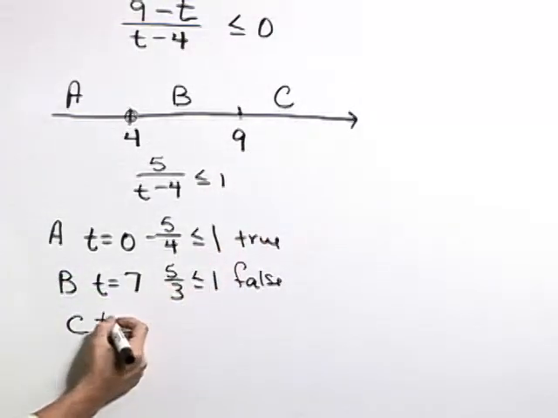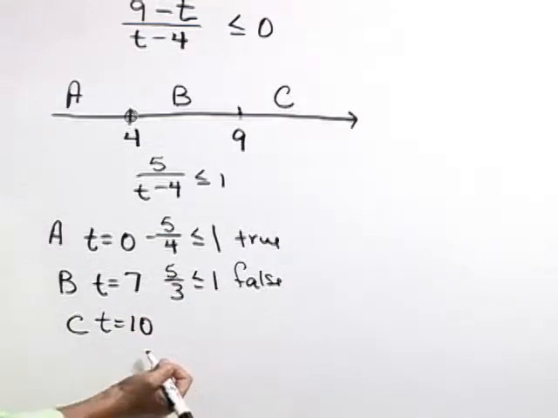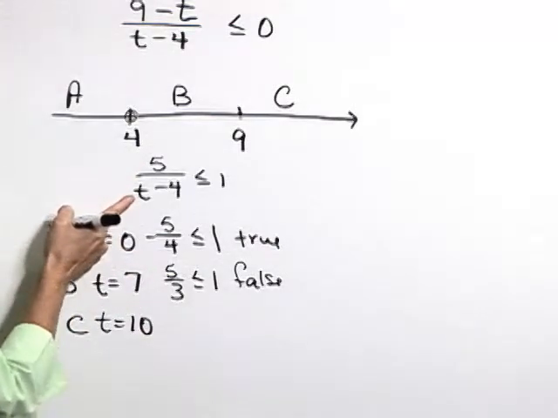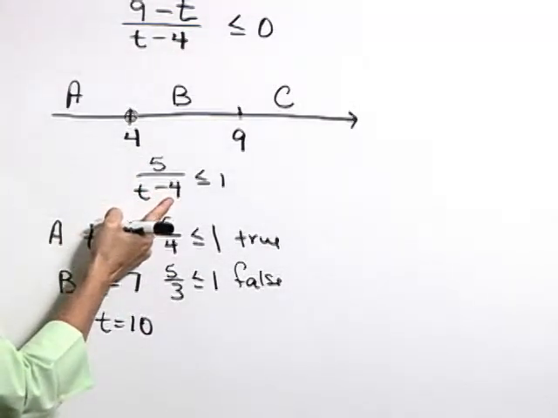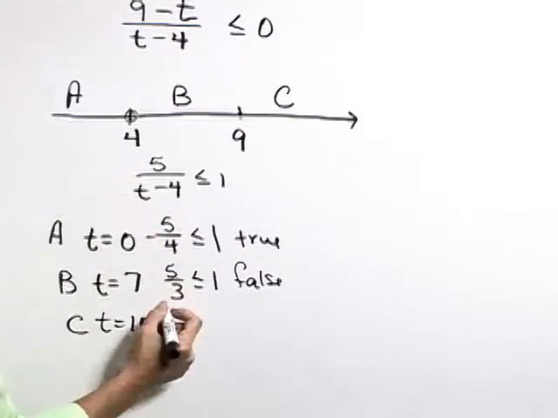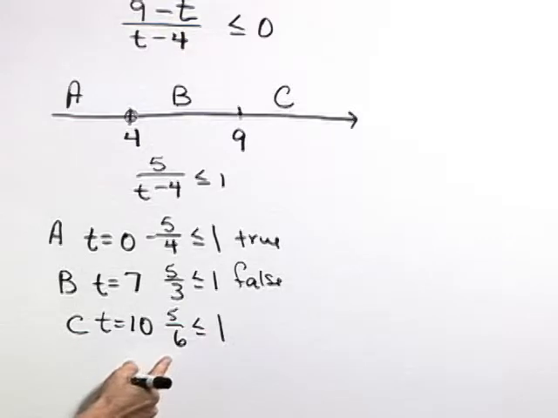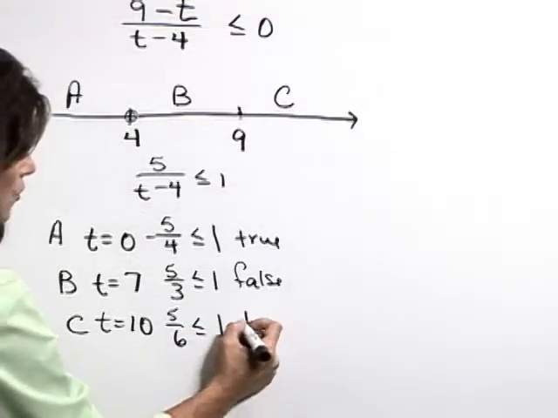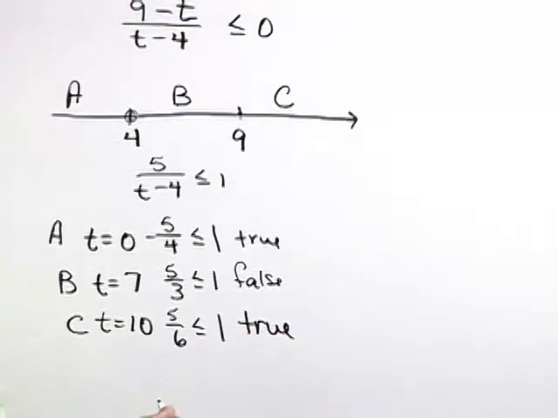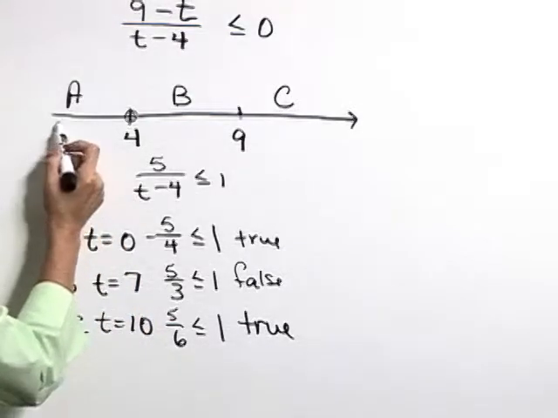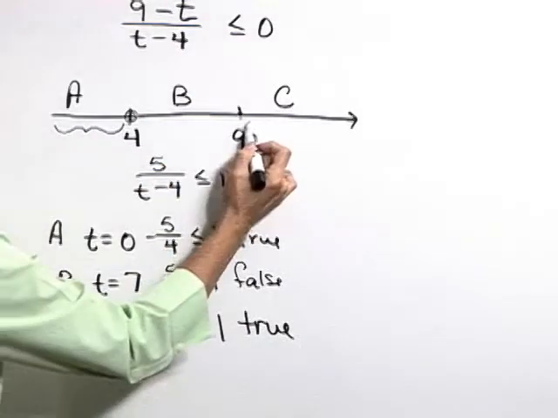How about t equal 10? Is 5 over 10 minus 4, that's 5/6, less than or equal to 1? Yes, that is true. And so, our values that are going to satisfy our inequality come from this interval A and that interval C.